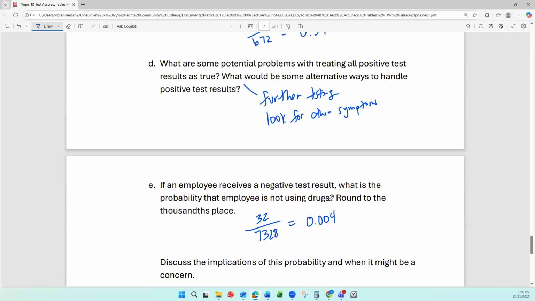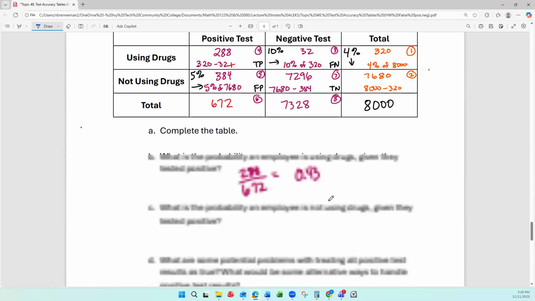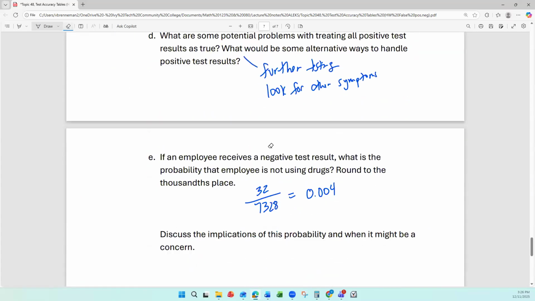Or sorry, not using: 7,296, it's going to be 0.996. So it's 99.6% probability that they're not using drugs when they get that negative test, but it's not 100% guaranteed.